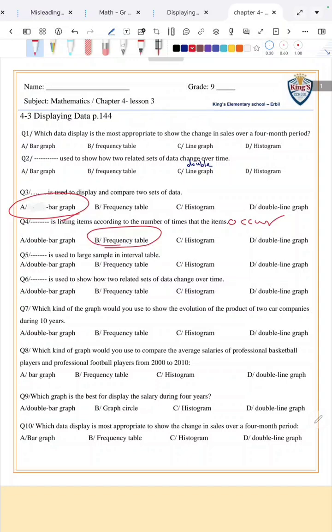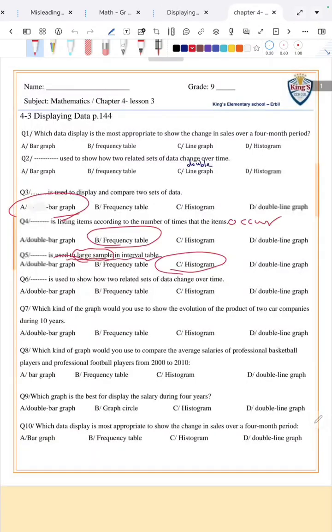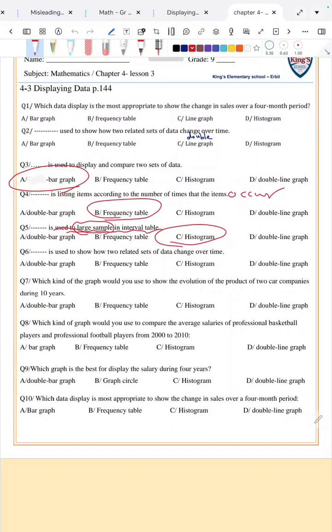Question 5 is used for a large sample in interval tables. Which one is correct? As you know, it's histogram, because we say histogram is used for what? For large data. Question 6 is used to show how two related sets of data change over time.